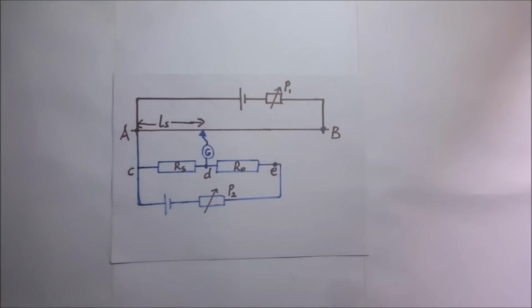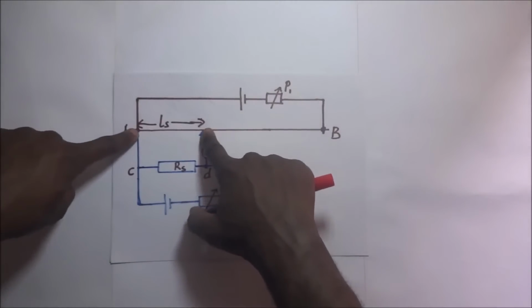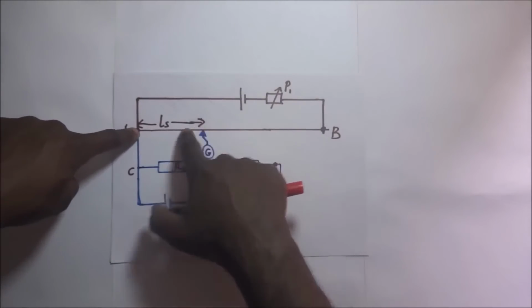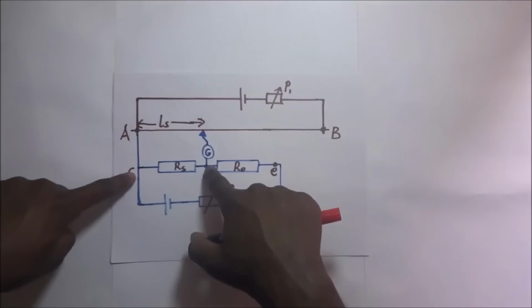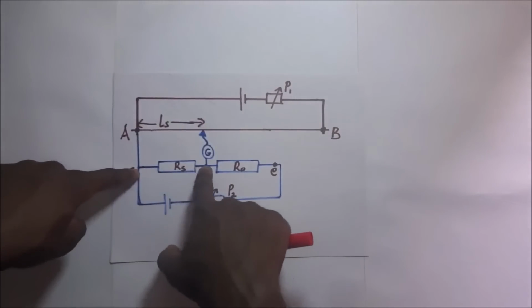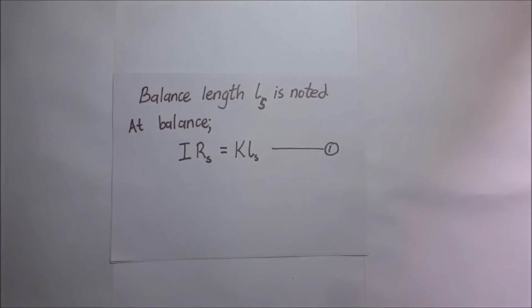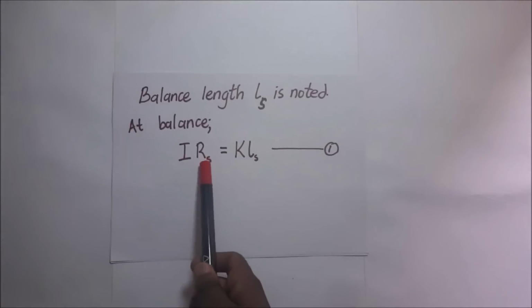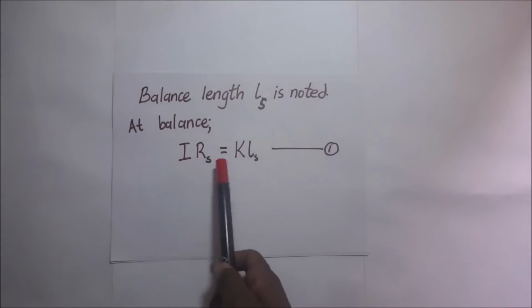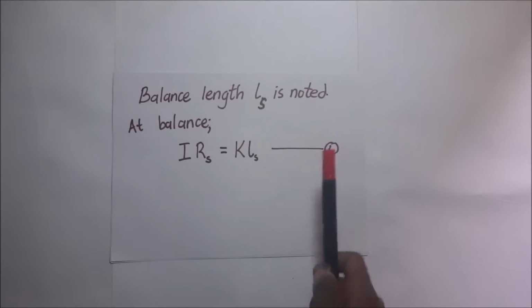And of course at balance, the potential difference across the slide wire, which is the PD per unit length, K, times the balance length LS, should be equal to the PD across RS, which is the current going through RS, which is I, times the resistance, RS. That is, at balance, IRS, the PD across the resistor, is equal to the PD across the balance length. That is our first expression.